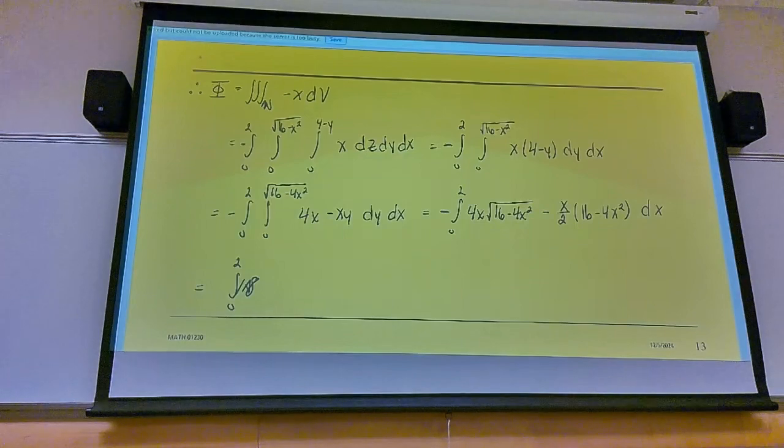Minus 2x cubed. Minus 4x squared is 16 minus 4x squared.